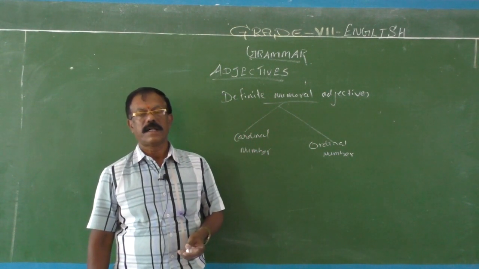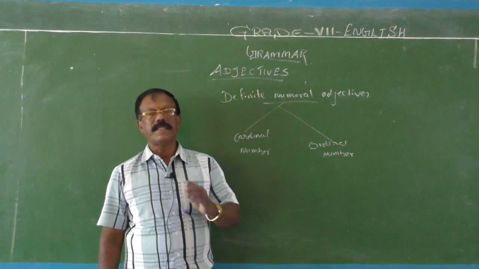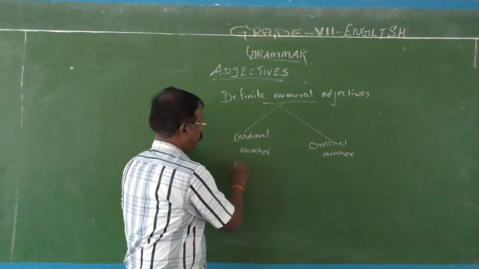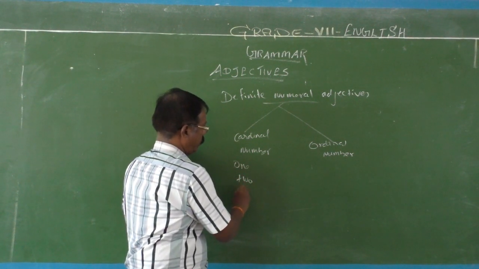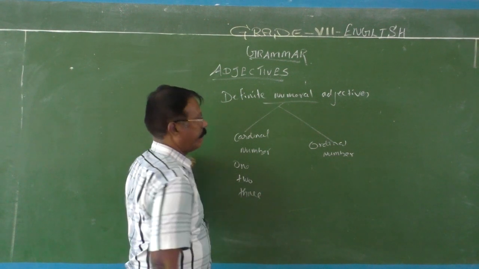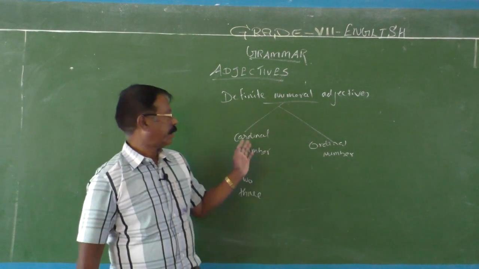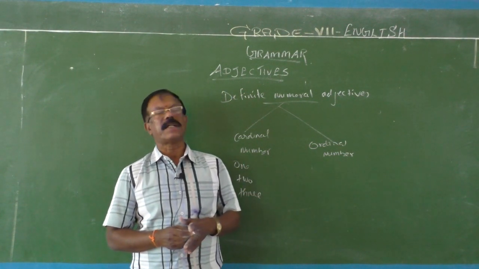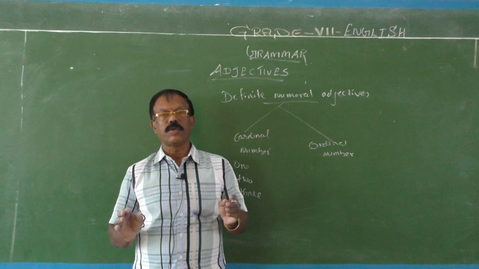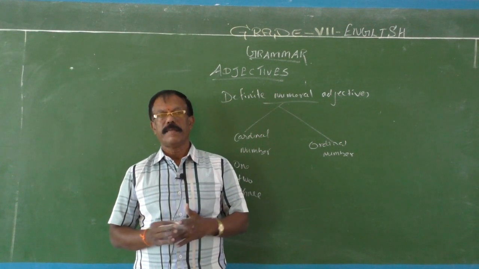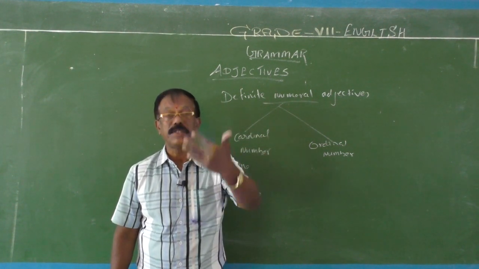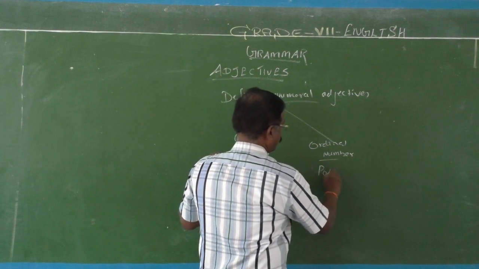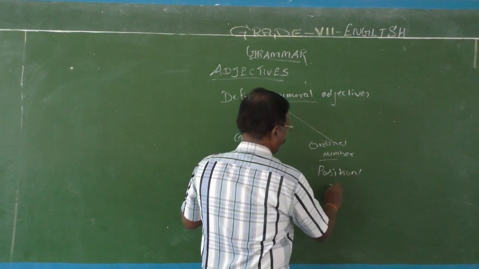Cardinal numbers are the real numbers or the basic numbers 1, 2, 3, like that. They are called cardinal numbers. We have another set of numbers, they are called ordinal numbers. They don't show the real numbers, but they express the position or the rank.